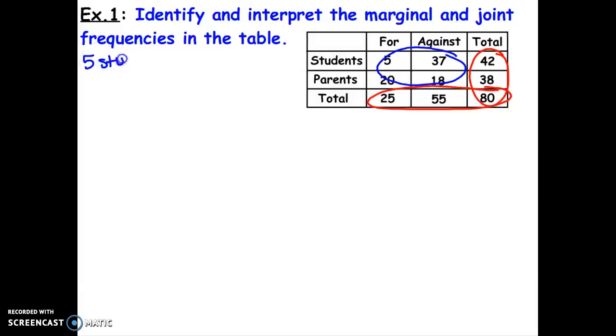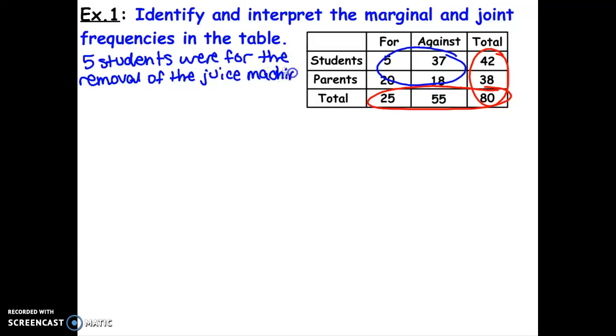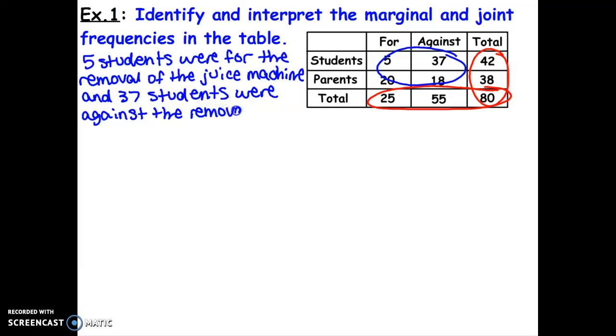So 5 students were for the removal of the juice machine, and 37 students were against the removal of the juice machine.